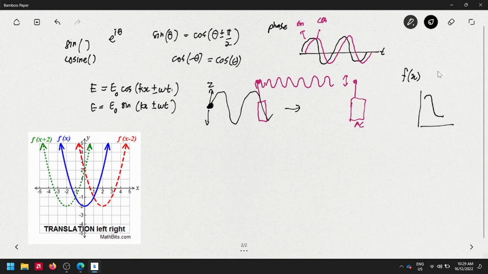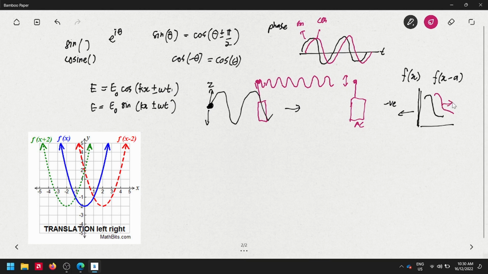If I put an offset to the argument x, for example, x minus a, meaning to say the axis is moving towards the negative direction. So my axis here is moving towards the negative direction. So it seems like my function is moving towards the right hand side.